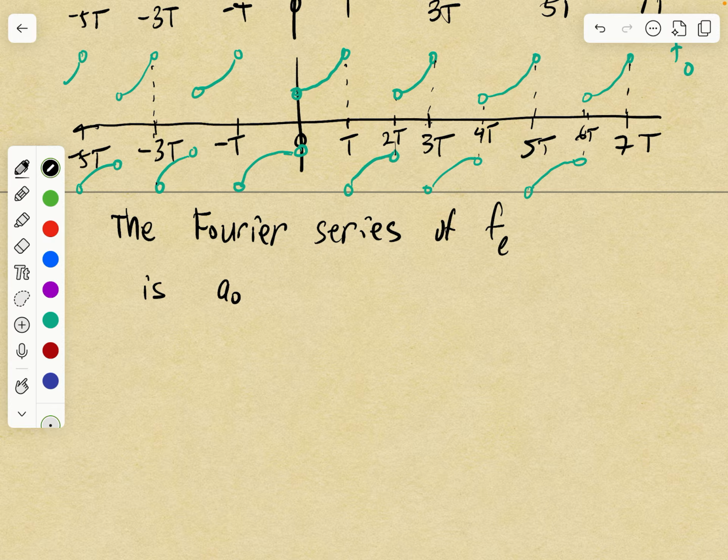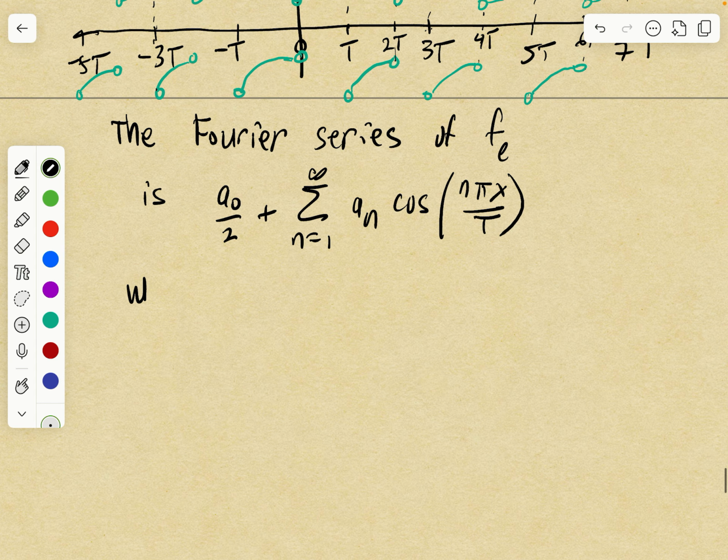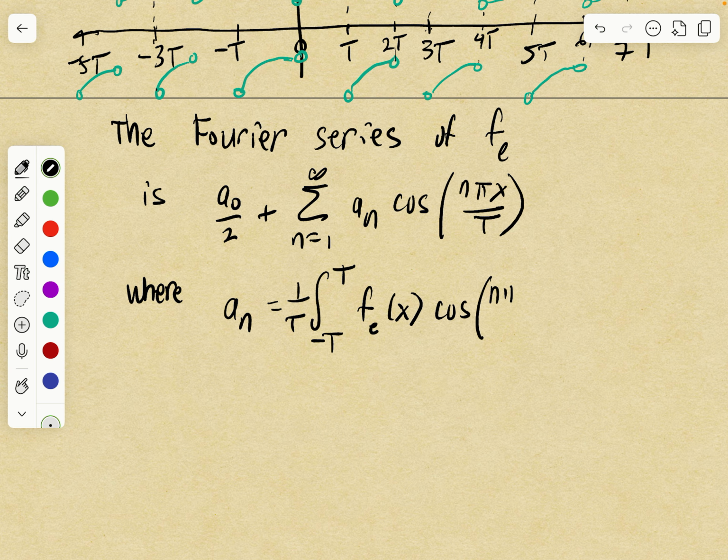So it's going to be a sub 0 over 2 plus the sum from n equals 1 to infinity of a sub n times cosine of n pi x over t, where a sub n is 1 over t times the integral from negative t to t of f sub e of x times cosine of n pi x over t dx.